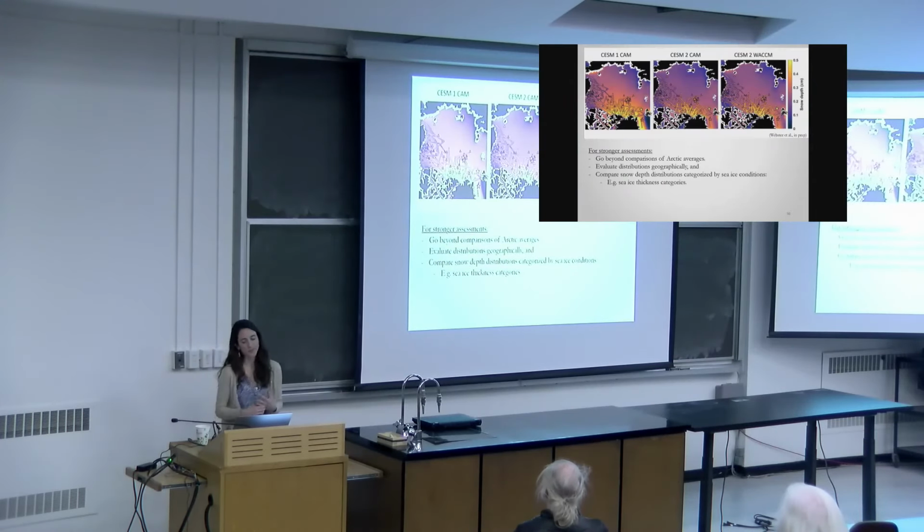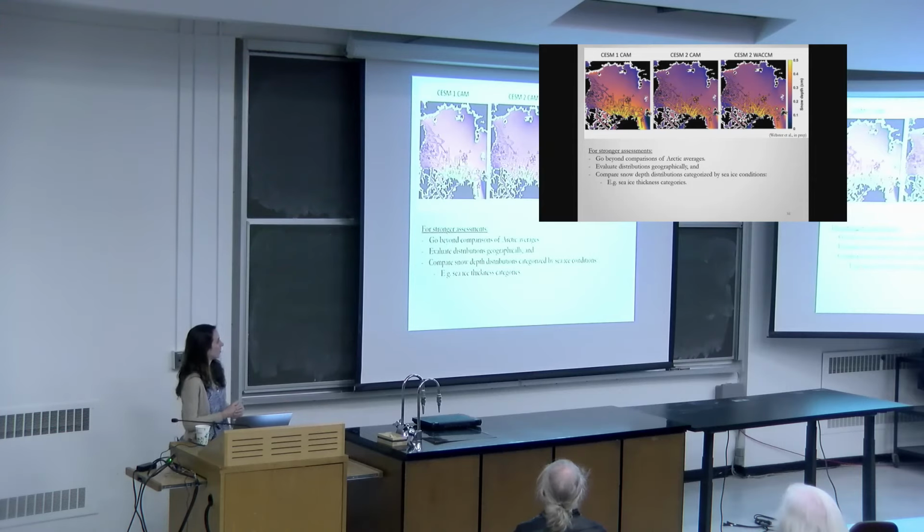Okay, so the two models I'm working with are from the National Center for Atmospheric Research. This is the Community Earth System Model, CESM1 with the CAM version of the atmospheric component, and then CESM2 and WACCM2.